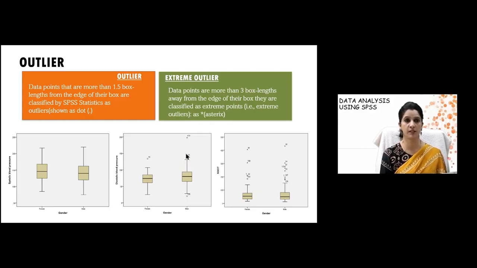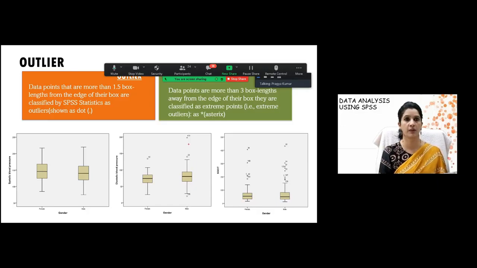Like if you see this case number 173, this is 3 box lengths from this edge of the box plot. So we can say that this 173 is an extreme outlier because it is represented here by a star.